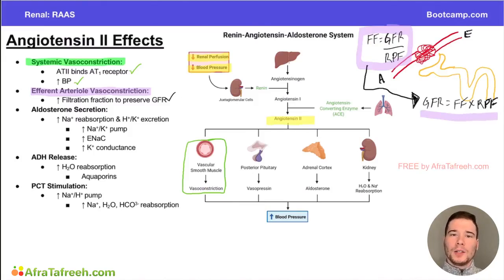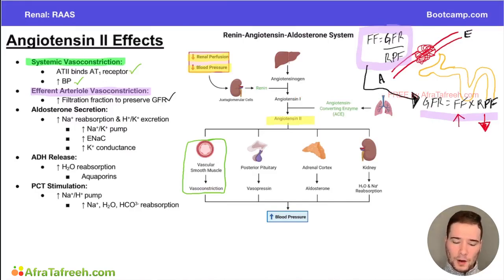So how does the efferent arteriole constricting maintain our GFR? Well, if our renal plasma flow has decreased overall, right? Because remember, this RAS system is activated in settings of low blood volume or low pressures. So if we have low pressures and low blood volume, our renal plasma flow, the amount of plasma actually getting to the kidneys, is going to be decreased overall. So the system is acting to balance that out. And the only way to balance that out and maintain GFR is to increase how much of it is actually filtered.